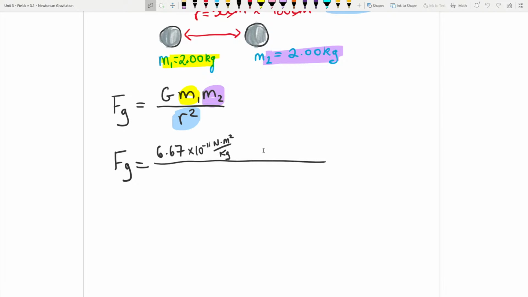All right. And we're going to multiply that by our first mass, which is 2.00 kilograms, our second mass, which is 2.00 kilograms, and divide it by our distance, 0.50 meters, but we can't forget that we have to square that. There we go.